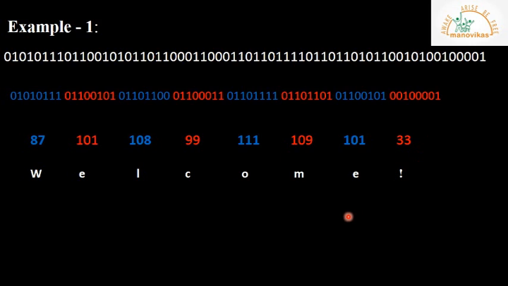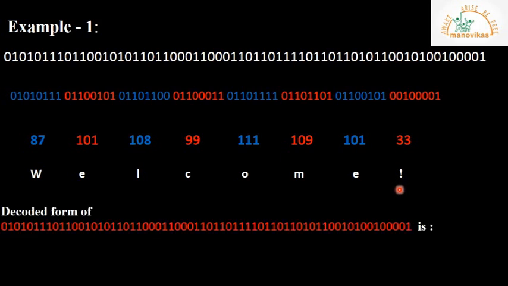That will give you the proper message. So here is the message which was given to you, that is welcome followed by an exclamation mark. So the final answer, the decoded form of the long binary code, is welcome followed by an exclamation mark.